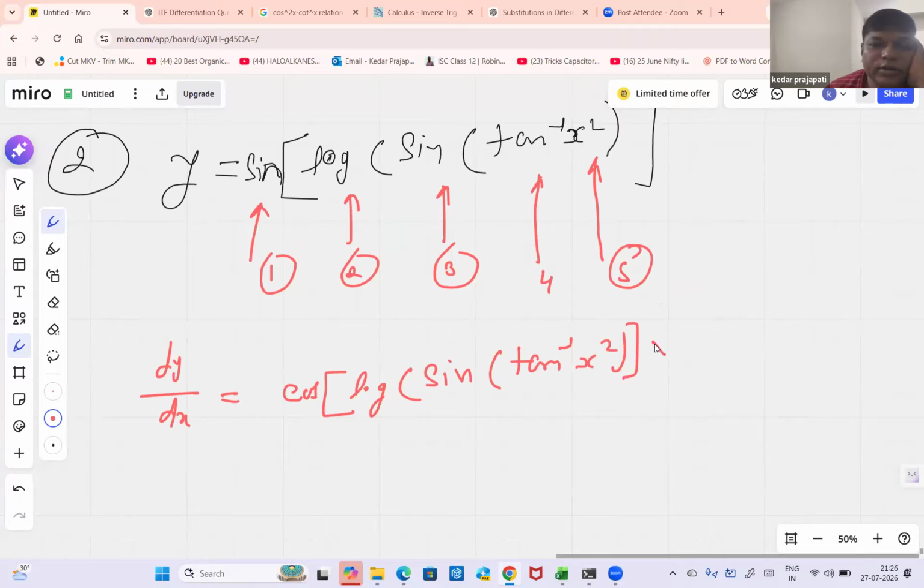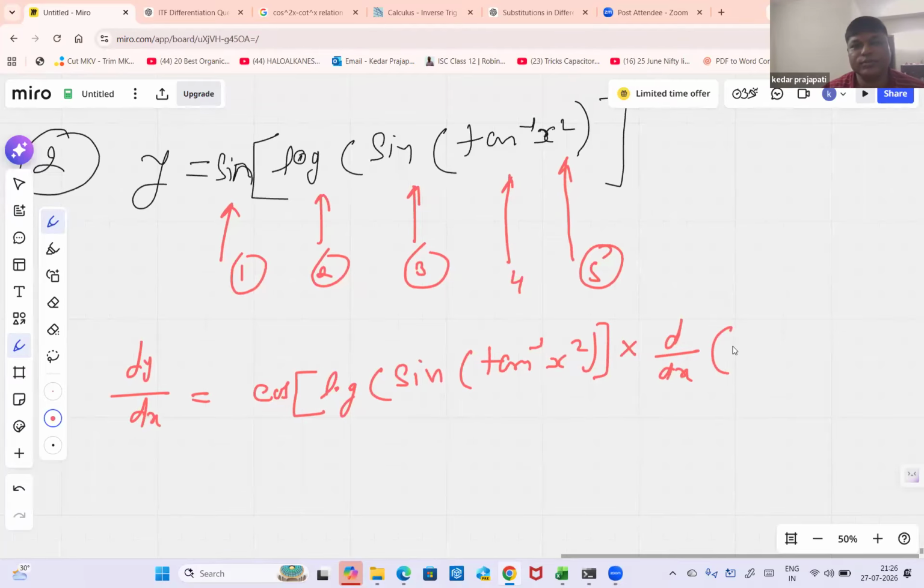So we'll be doing two steps you can do together, not beyond that. Log becomes 1 by sine tan inverse x. And don't write it like this, write like that. So I'm doing it for log. Step marking is there, otherwise they will not give you full marks.